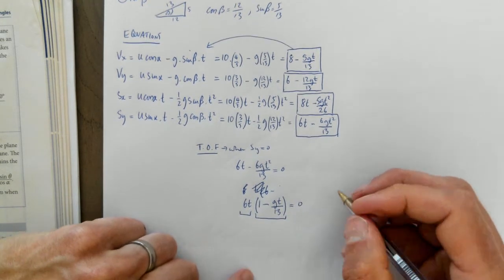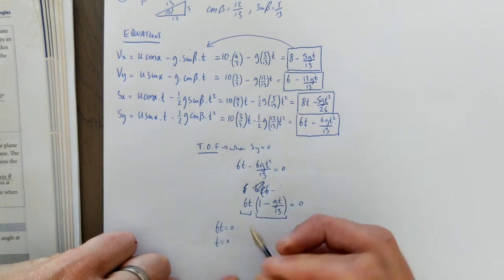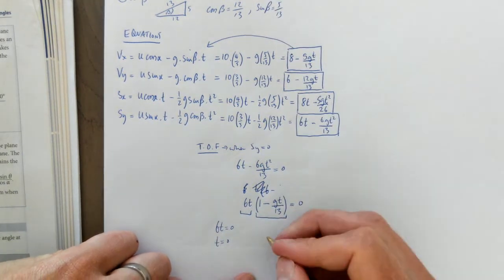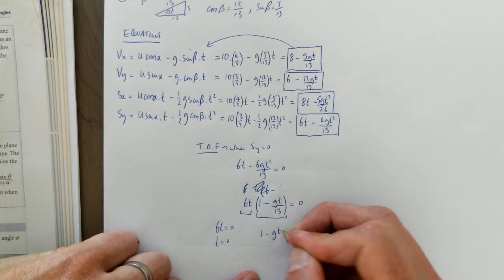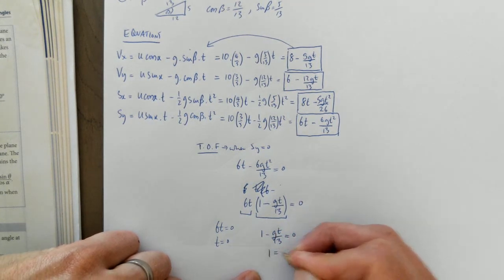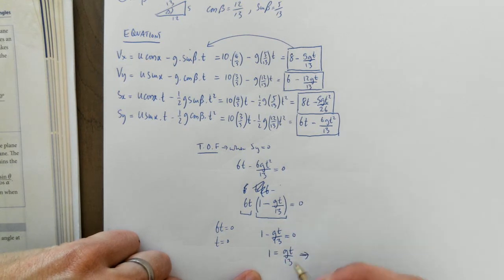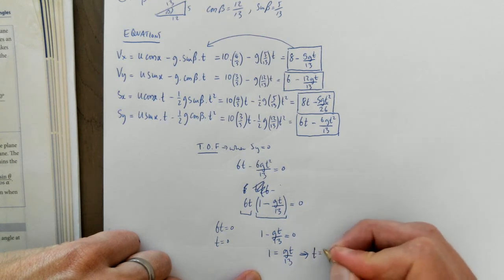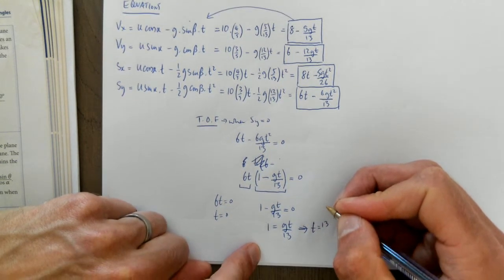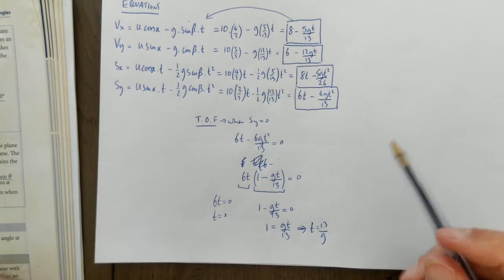These two multiplied, so 6t is equal to 0, t is equal to 0 from that. We know that from the time of the first point. So 1 minus gt over 13 is equal to 0. Add this, 1 is equal to gt over 13, multiply 13 up, divide by g, t is equal to 13 over g.